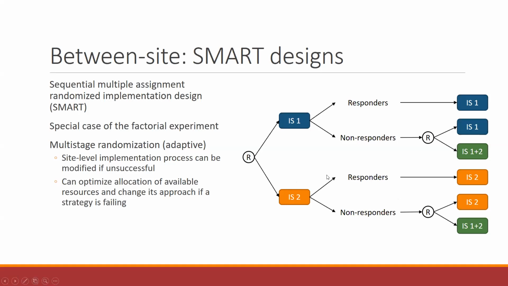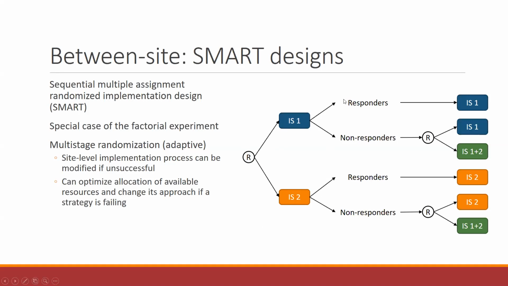And the really nice thing about this is that I'll walk you through this example. What you do here is you randomize group organizations into two groups, either getting one implementation strategy or another. And then at some pre-specified time, you assess how everyone's doing, whether or not they're responding to the implementation strategies that you have given them.